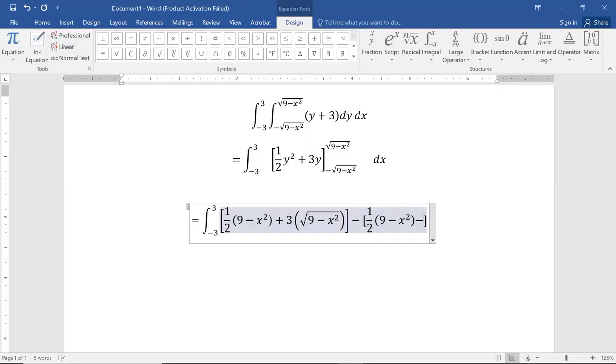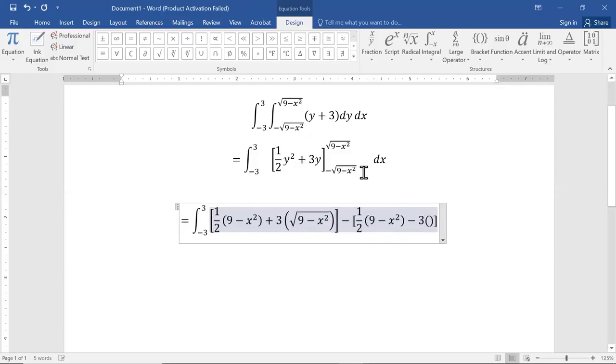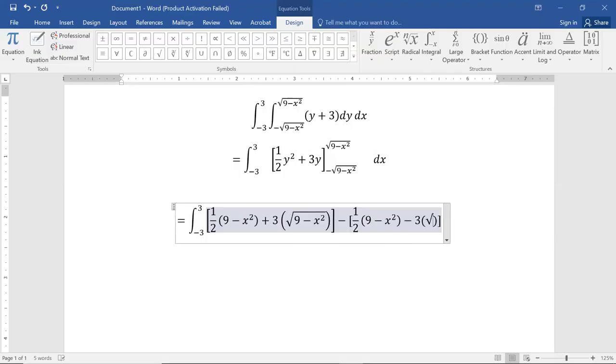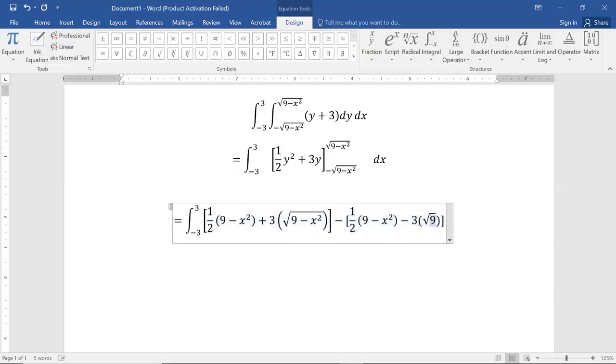However, when I plug in negative square root of 9 minus x squared in here, negative times 3 gives me a minus 3 times the square root 9 minus x squared.